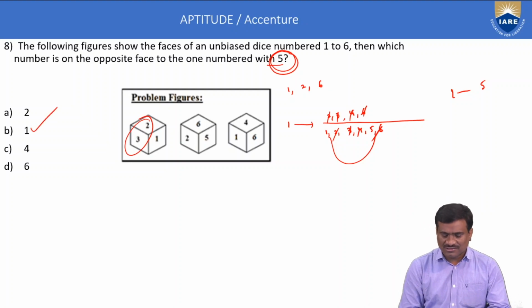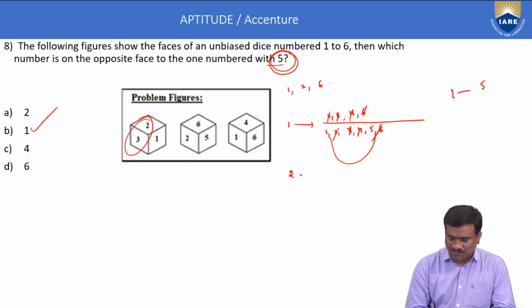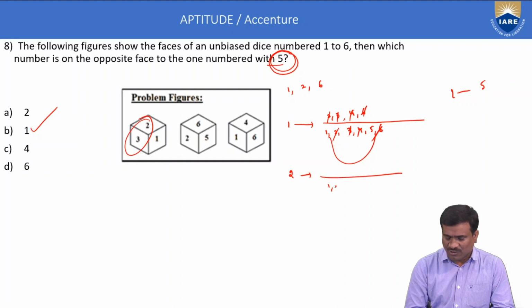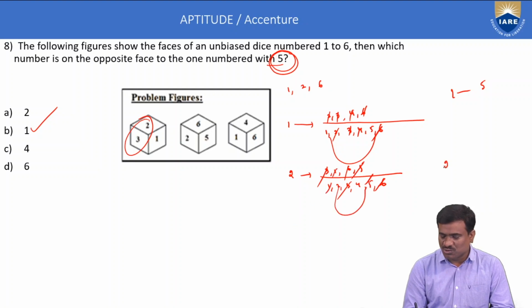Suppose the second choice, 2, right? Same method. 1, 2, 3, 4, 5, 6. Here 2. First die, 3 comma 1. Second, 6 comma 5. Here the 3s get cancelled, 6 6, 5 5, 1 1. Remaining 2 and 4. Therefore 2 is opposite 4.